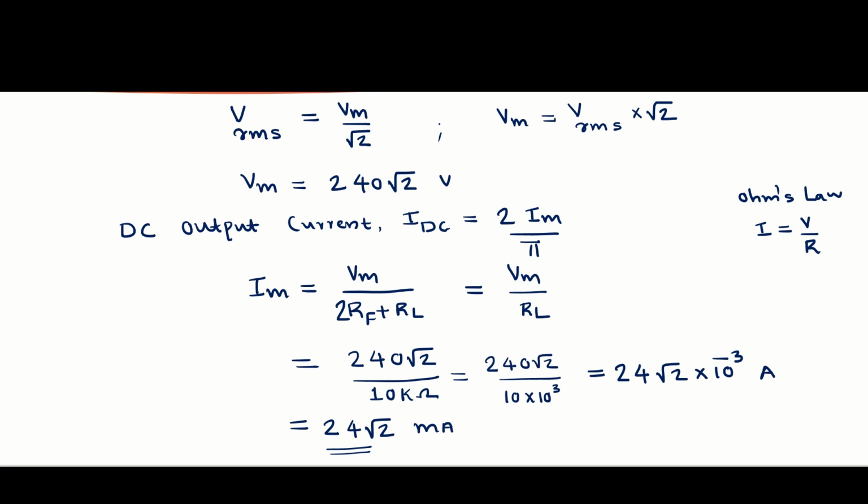So the value of Im is 24 root 2 milliamps, and we can find the DC output current IDC. IDC is equal to 2Im divided by pi, which is equal to 2 into 24 root 2 divided by pi.